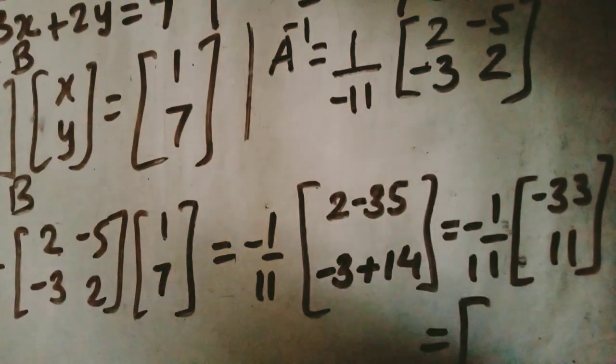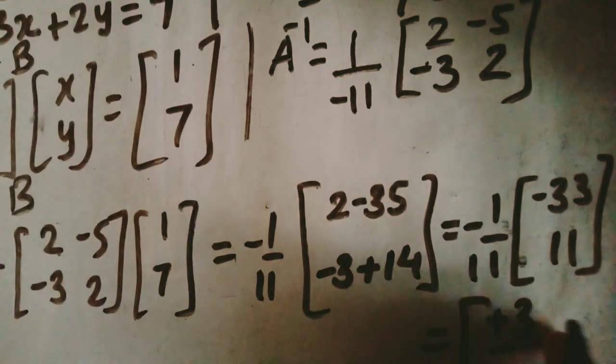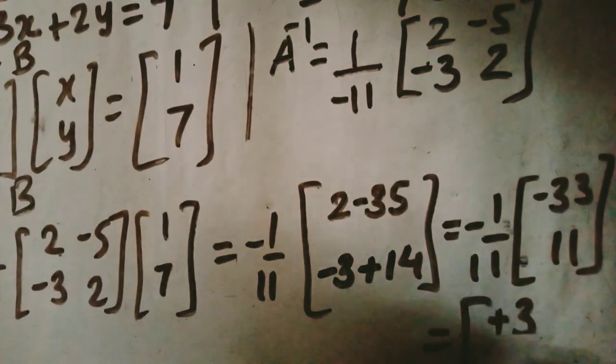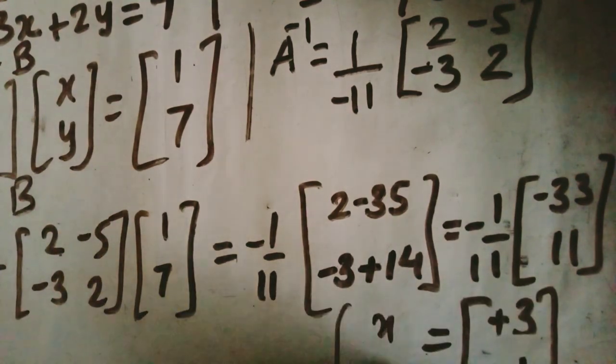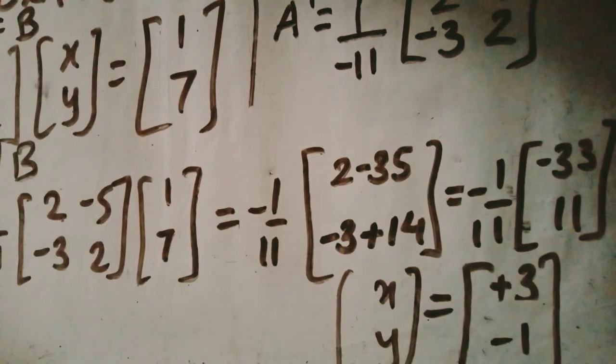So the final answer is x equal to 3 and y equal to minus 1. These are your x and y. In the same way you have to do it for a 3 by 3 matrix.